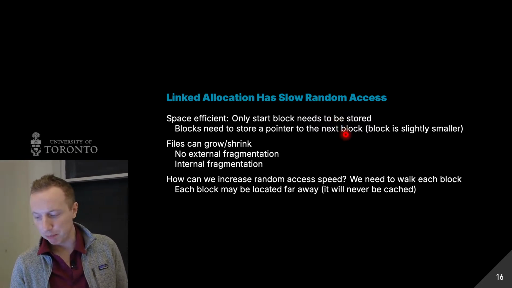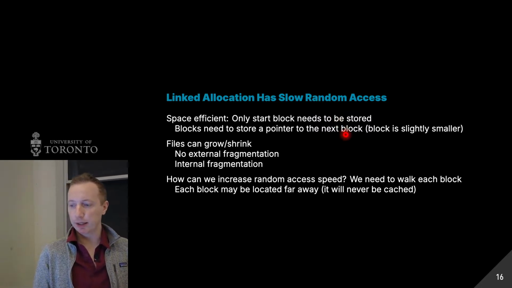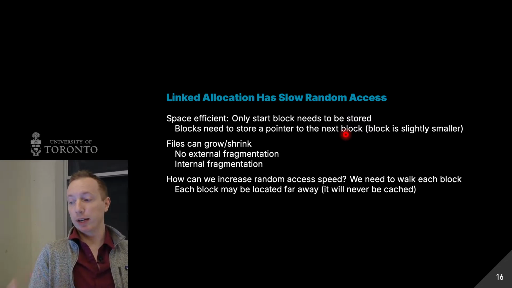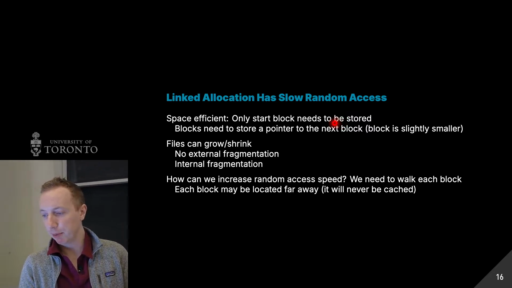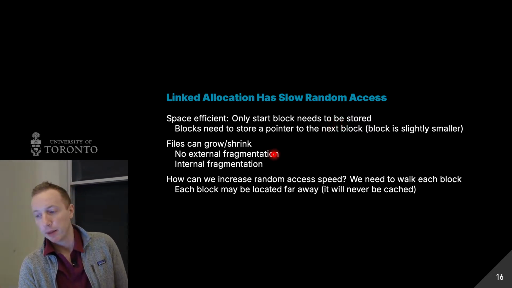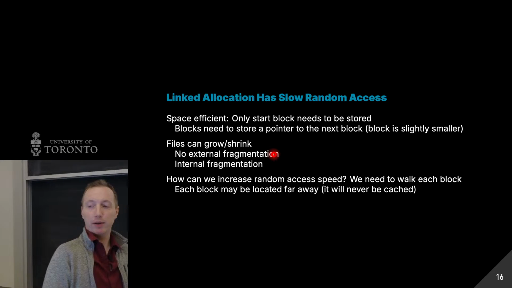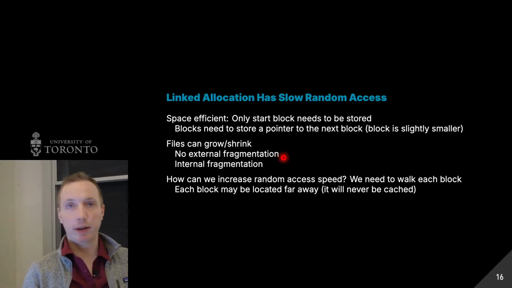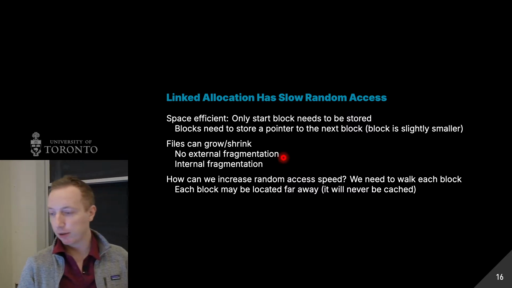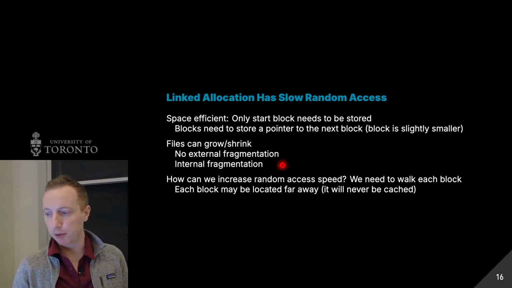Here the blocks would be slightly smaller because I would need to store a pointer to the next block, so maybe I'm wasting some space on the block itself, but we can ignore that for now. The big thing we solved here is files can grow and shrink in space. We have no external fragmentation. We still have internal fragmentation, but we're not going to do anything about that.